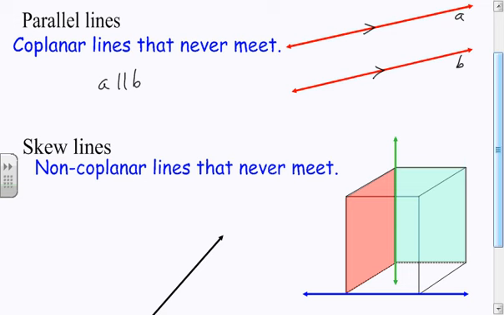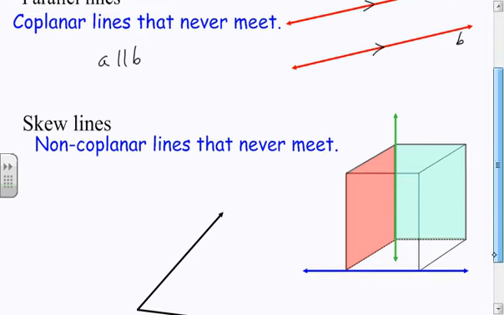If you look at the plane of the floor and the plane of one of the walls coming down, they intersect in a line. And then if you look at the ceiling and a different wall and where they intersect, that's a line. And those will never intersect. And hopefully you can see that in the room that you're in.